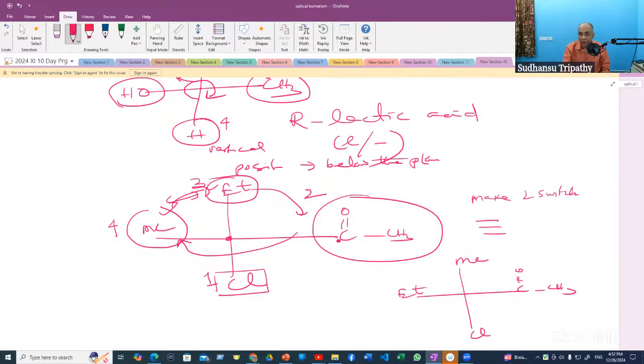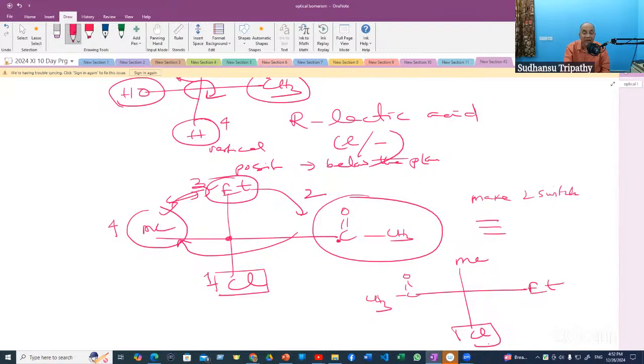So this chlorine is fixed. Then I will make an interchange between these 2 again. Is it not a sequential shift? I will bring COCH3 here and Me, Et here. I have already made Et and Me.